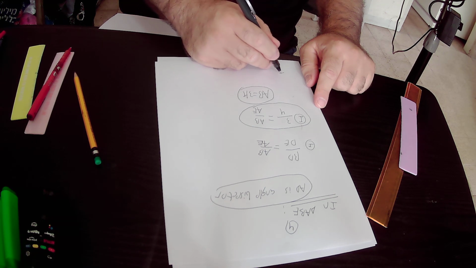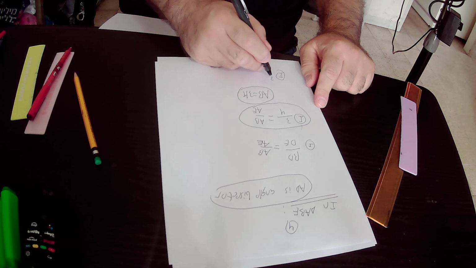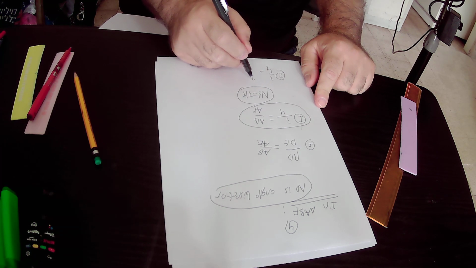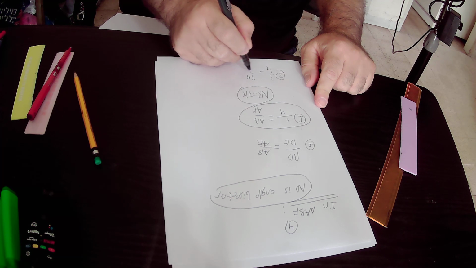We will get that 3 over 4 equals AB, which is 3K, over AE.